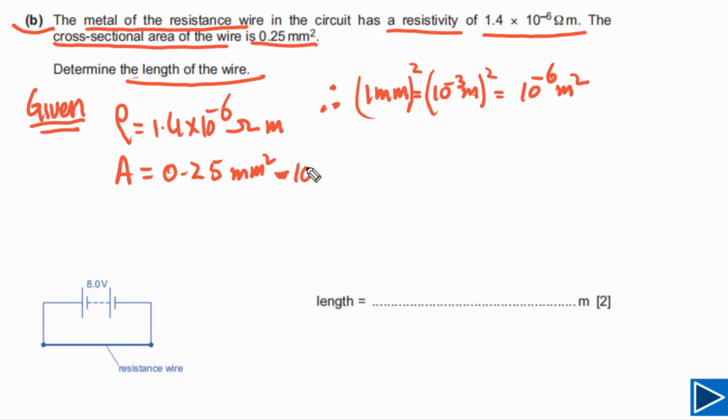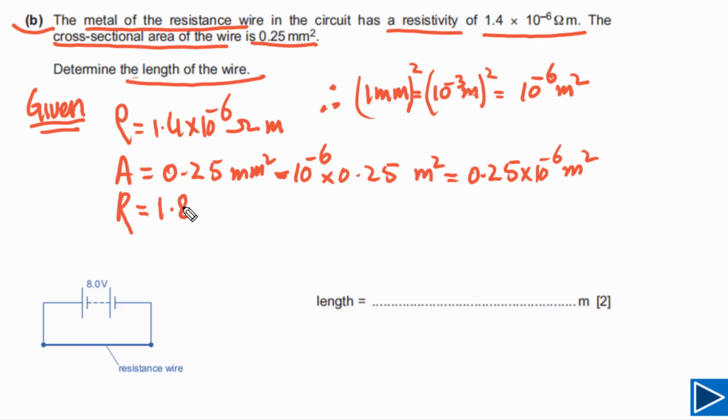So we can write down here 10 to negative 6 multiplied by 0.25 meter square. Simply you can write this in a proper way: 0.25 times 10 to negative 6 meter square. But the resistance of this wire we have already calculated in part A.